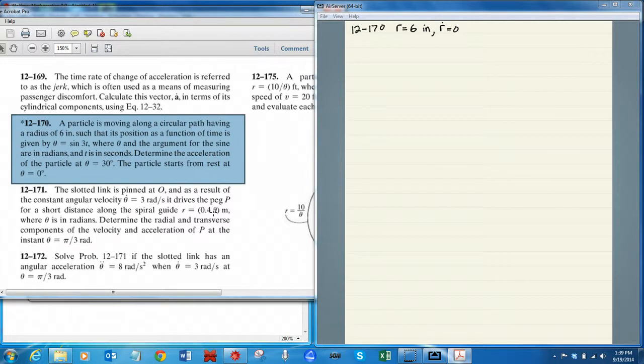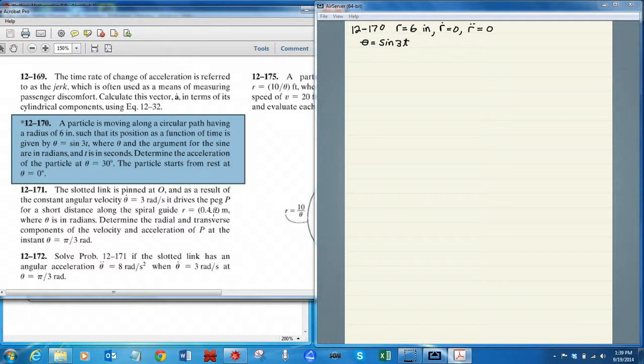If r dot is 0 all the time, then the change in r dot, r double dot, will also be 0, so I know that. The next thing that I know is they tell me something about the angle theta. For example, they tell me that theta, which is in radians, is equal to the sine of 3t, and the 3 would be in radians per second.